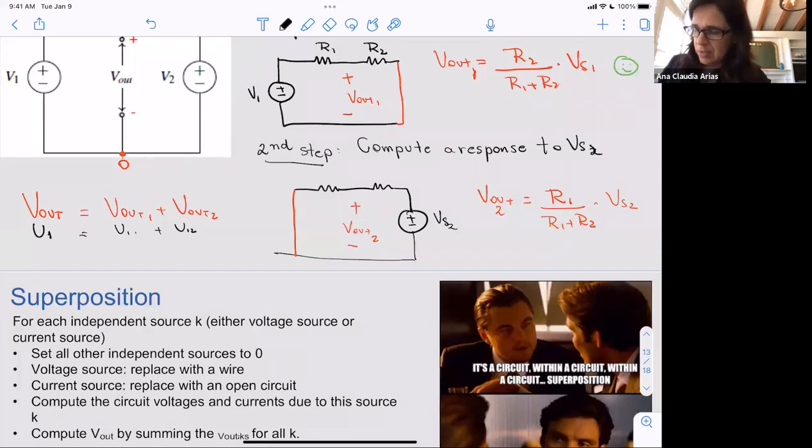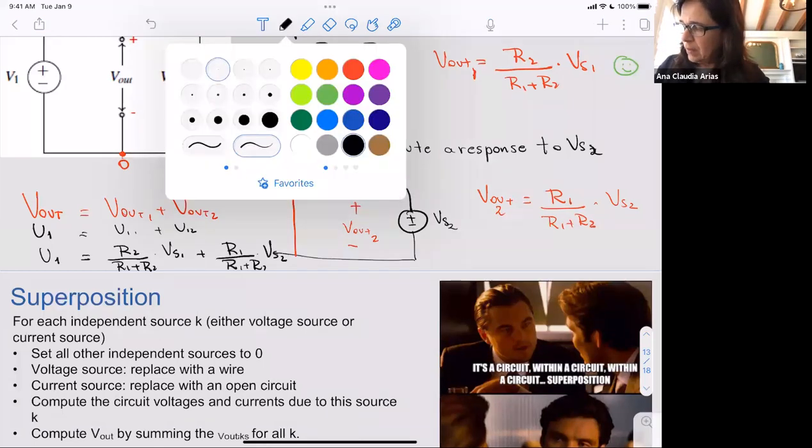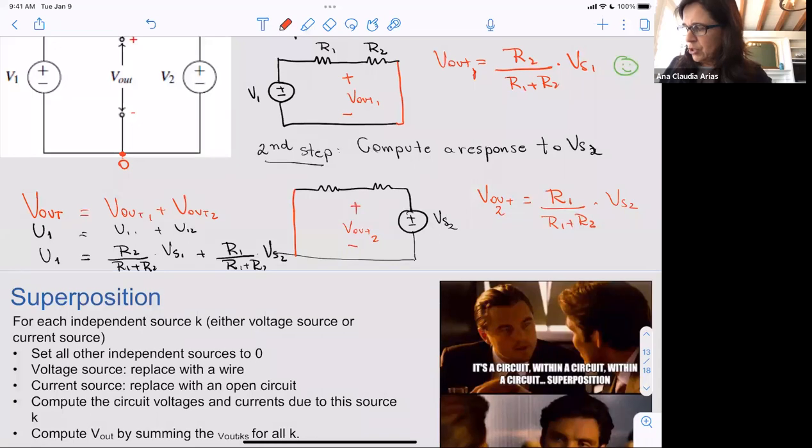So I would say U1 equals R2 over R1 plus R2 times VS1 plus R1 over R1 plus R2 times VS2.